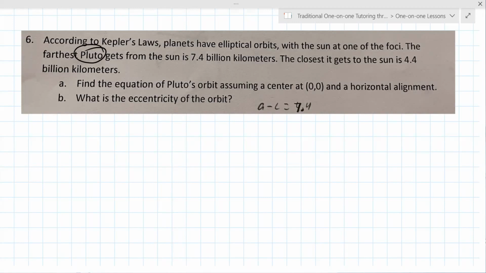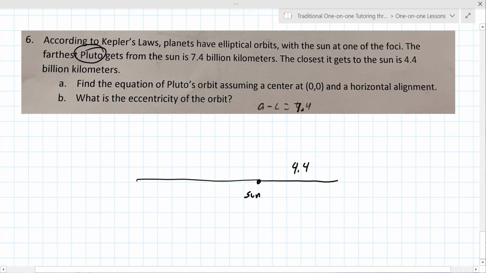The picture here is quite good. It's like you're saying the sun is right there. So the closest it gets is 4.4 and the furthest is 7.4. And we know that the sun is one of the foci. So there's another foci somewhere over here.